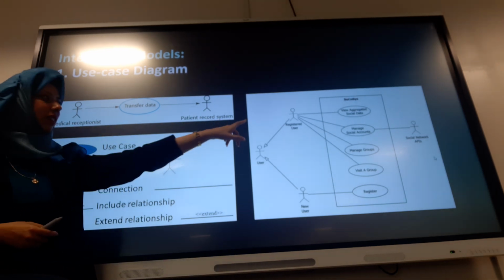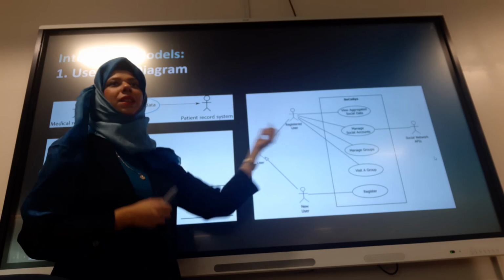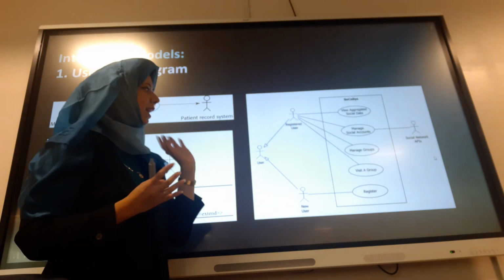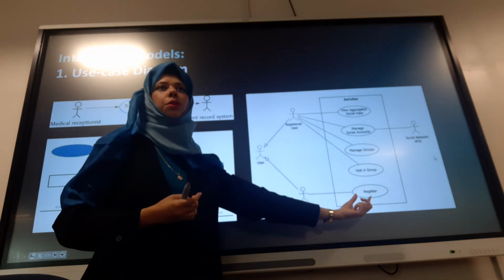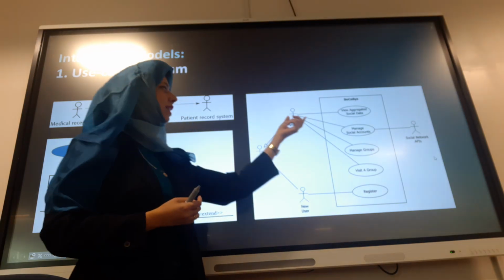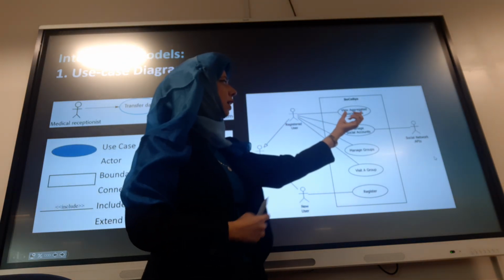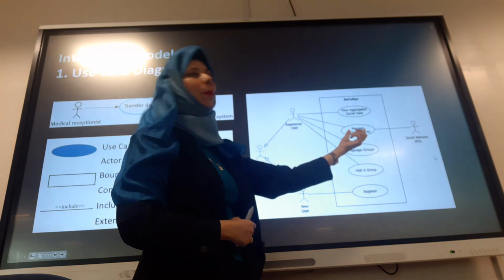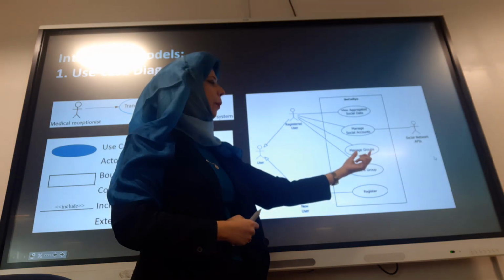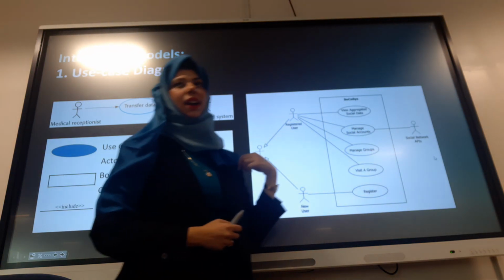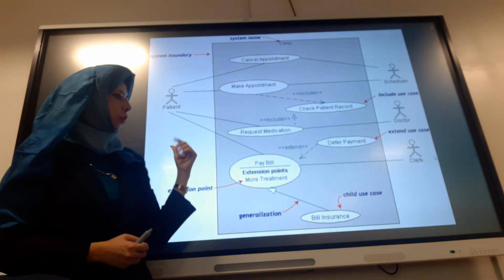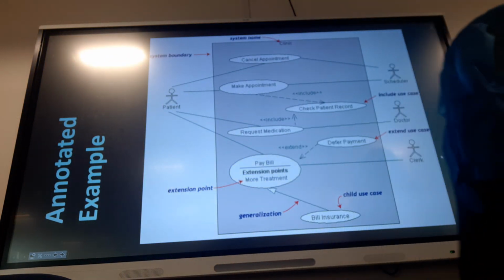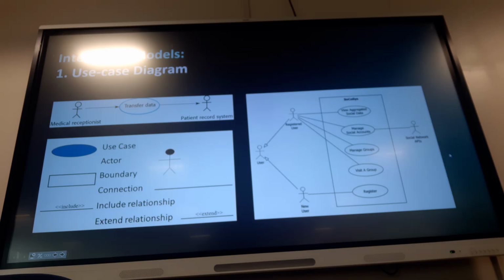So we start now with these two. Each of them is linked to specific use cases. So I can say a new user has to register, but an existing user can simply view data, can manage accounts, can manage groups, can visit a group, right? But all users can simply do what?